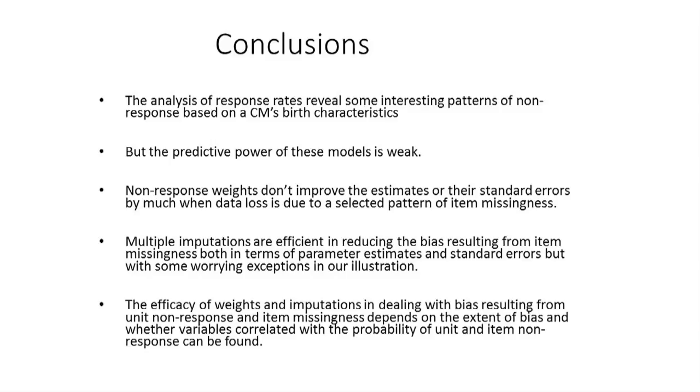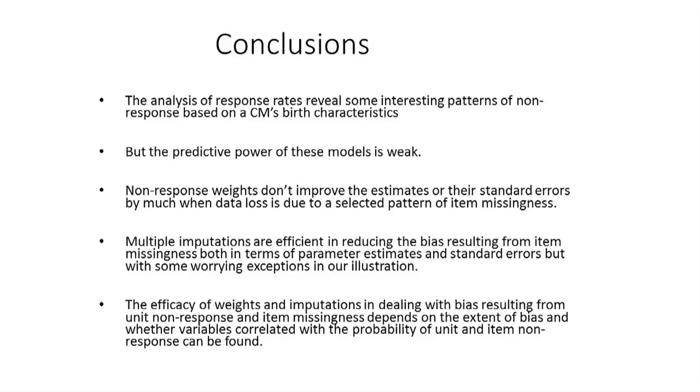I would recommend the construction of non-response weights to be used in conjunction with multiple imputation, but the selection of variables that go into the construction of weights needs to be informed by the process. So what characteristics of the cohort members are driving this willingness to cooperate or not, statistically speaking.